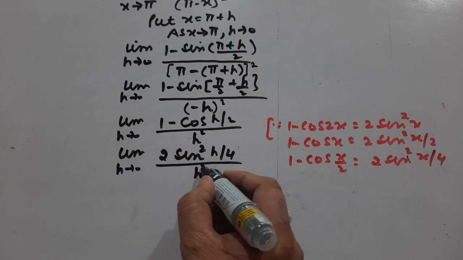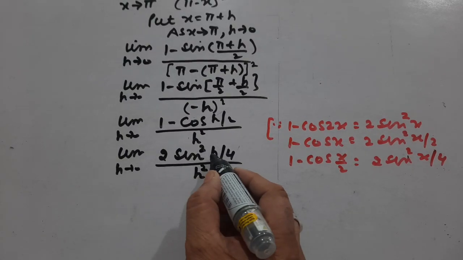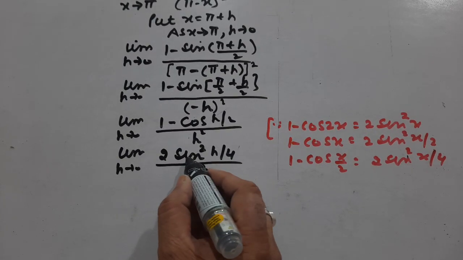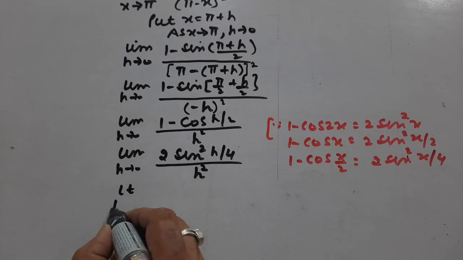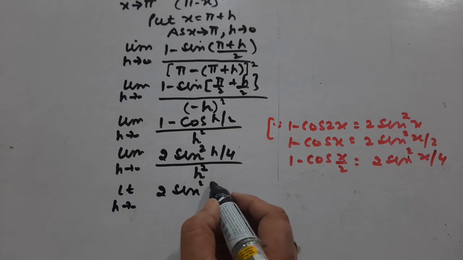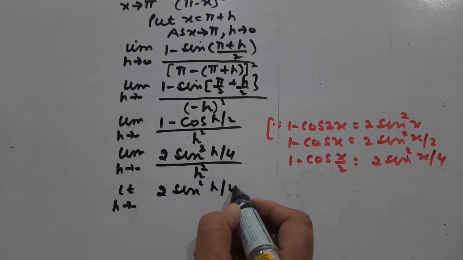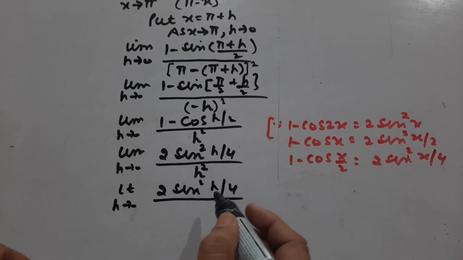So here we have in the denominator h square. Now let us see how to find out this limit. Now here we have h by 4 and sine square is there, so the square of h by 4 is h square upon 16.